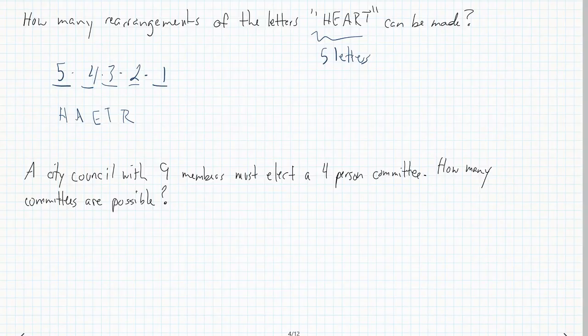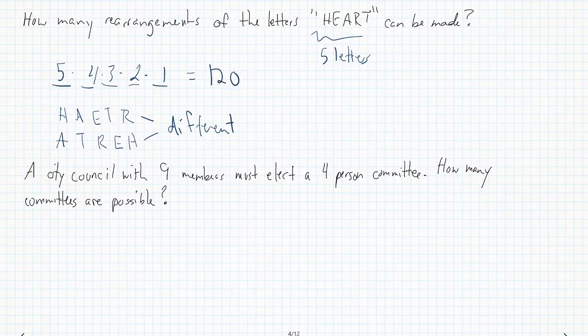Is that going to be different? Yes, these are different. So since these are different, and we can't have any repeats, that tells us that order is important. Okay, so then what does this equal? Well, I believe that's just 120, right? 5 times 4 times 3, so that's going to be 60 right there, and then times 2 is 120.